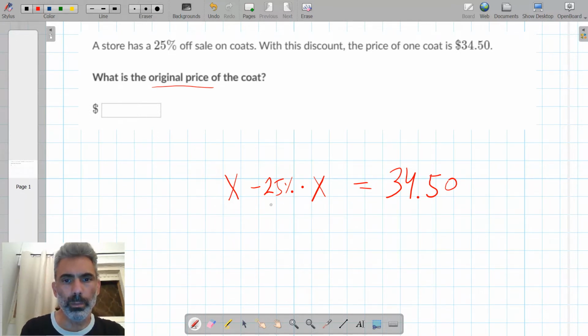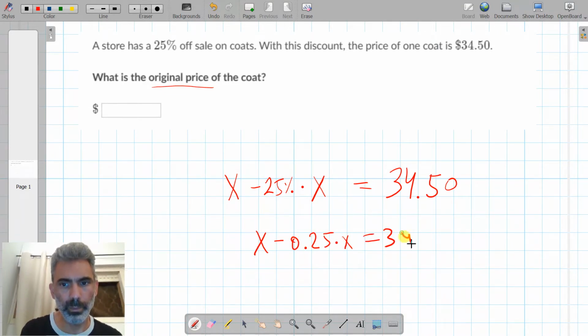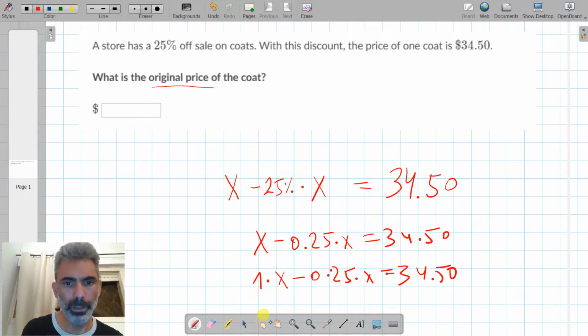So this here can be simplified to X minus 0.25 times X. And this is like 1 times X minus 0.25 times X equals 34.50.